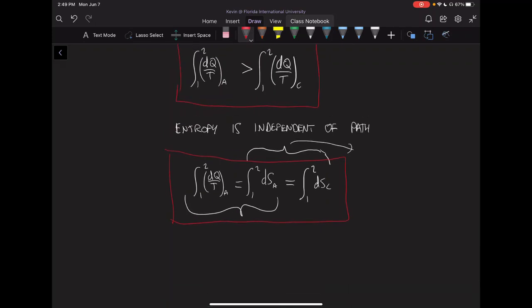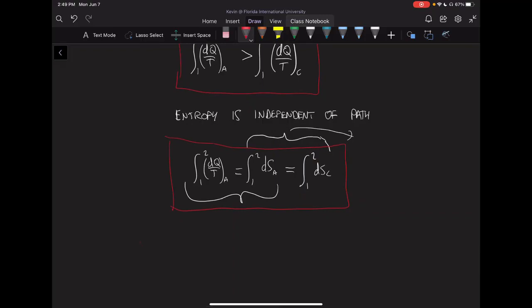And what's not working out is essentially, we can say that, therefore, our actual integral from 1 to 2 of the change in entropy for an irreversible process is going to be greater than its reversible definition, than dq over T for process C. It has to be greater.